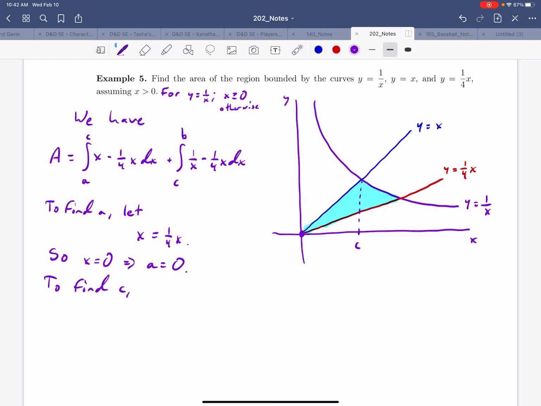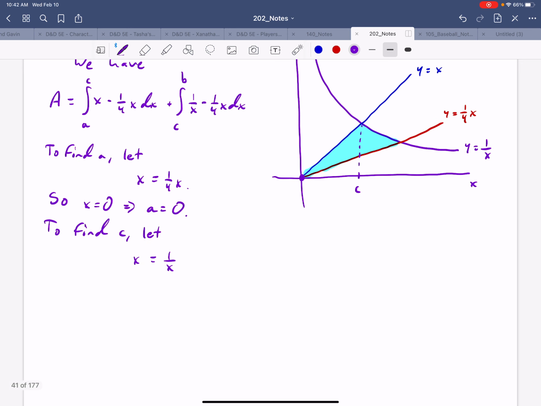To find c, we're going to do the same sort of thing, right? Here it looks like we're going to let x equal 1 over x. Well, that implies that x squared equals 1, x squared minus 1 equals 0. Well, you can see where we're going with this.